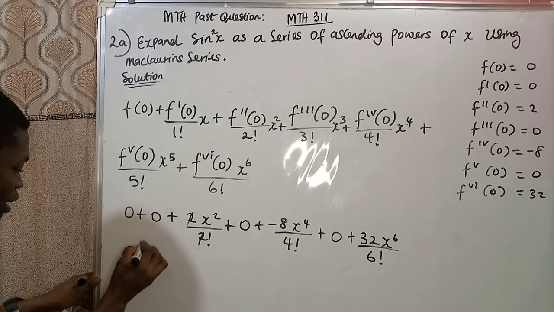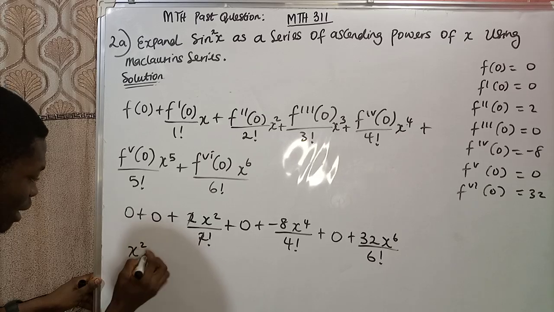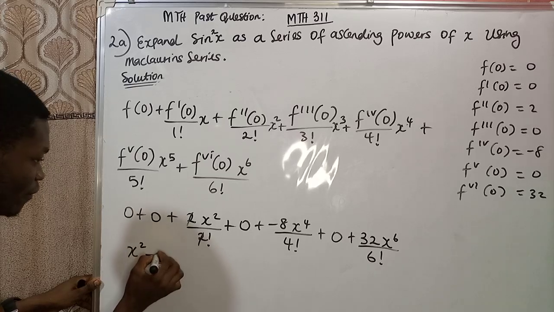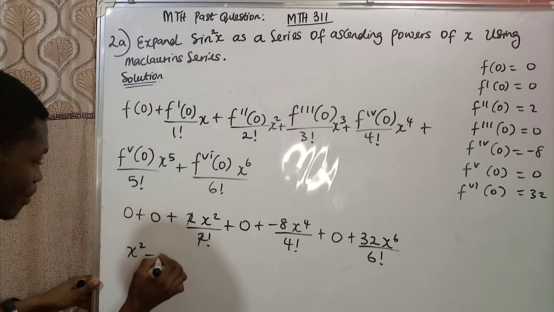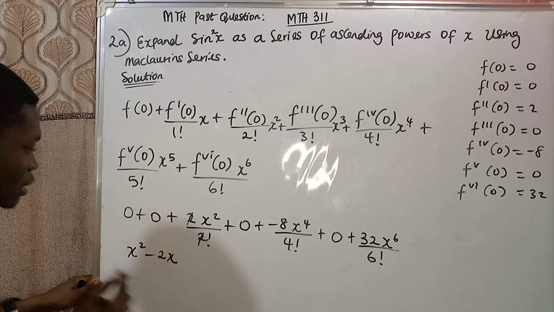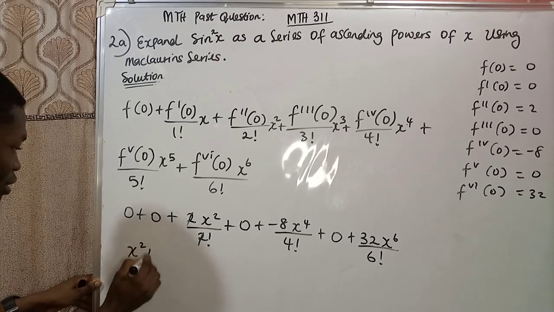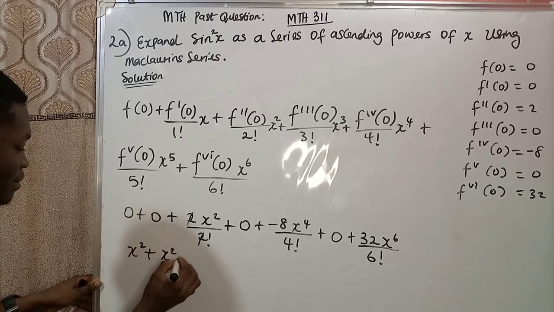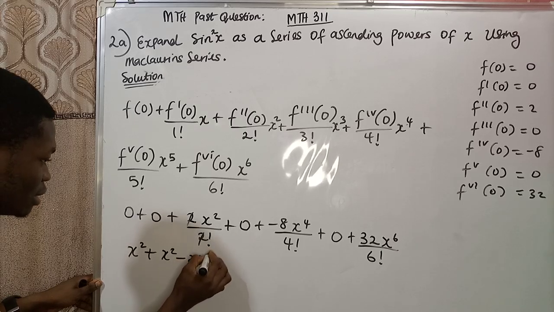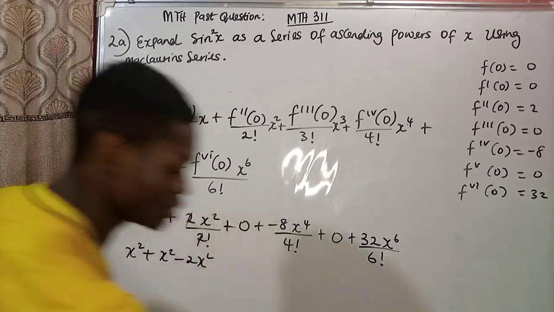So we have x squared plus, okay, minus 8 divided by 4 is minus 2x. Okay, sorry, I'm making a mistake.